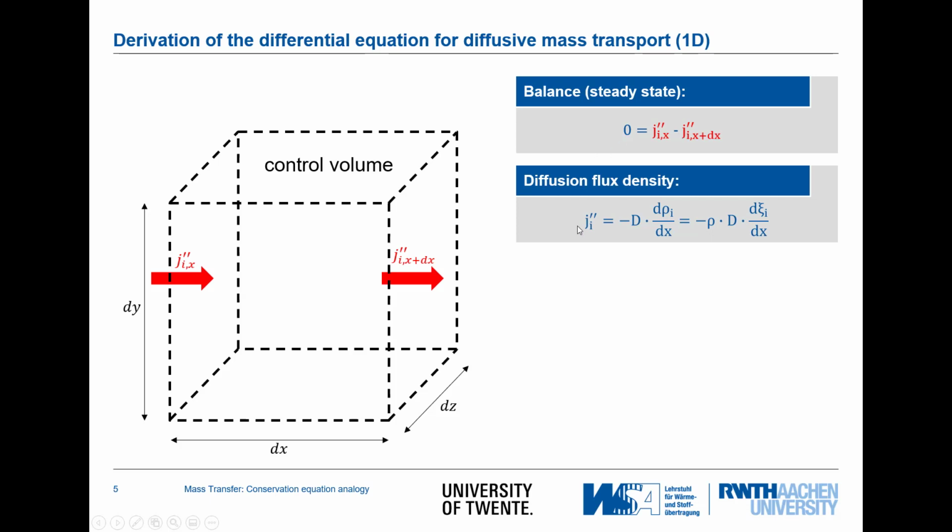Let's say the inflow here, for this we use Fick's law, as we have realized this in the last lecture, is equal to the negative of the diffusion coefficient times the local gradient of the partial density rho i, or we can change this partial density to an average density and the mass fraction xi.